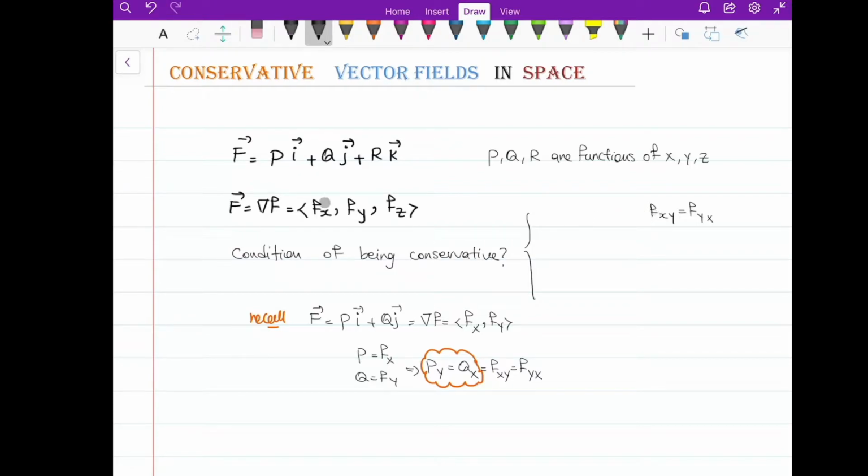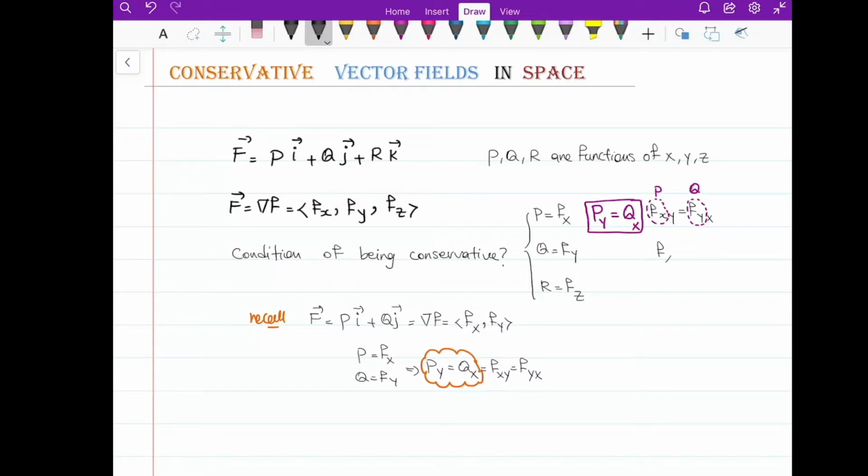And I know that P is equal to fx, Q is equal to fy, and R is equal to fz. So fx here is P, and fy here is Q. And so based on that, I can say that P with respect to y should be equal to Q with respect to x. This is the first condition that we need to check.